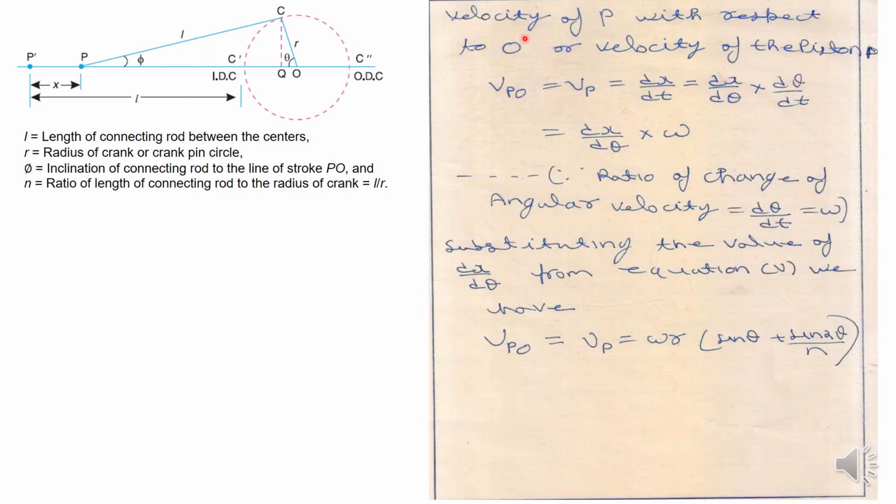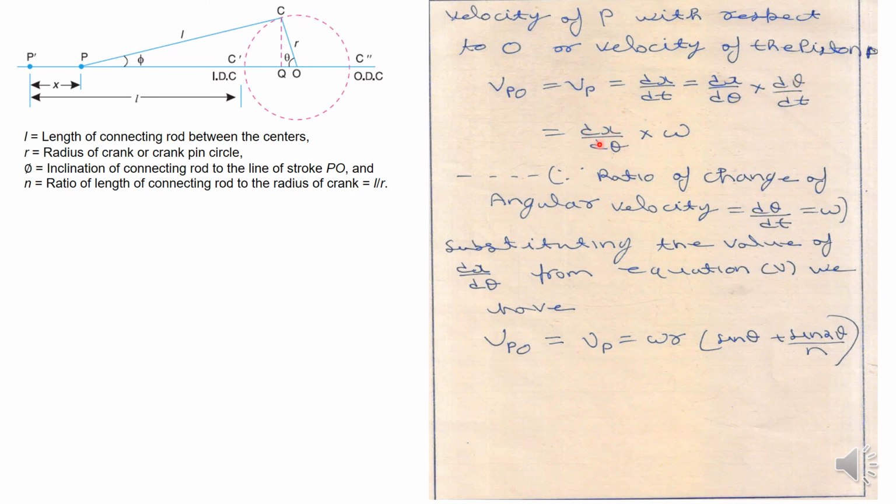Then the velocity of P with respect to O, or the velocity of the piston P: Vp is equal to dx by dt, and this dx by dt is equal to dx by d theta multiplied by d theta by dt.